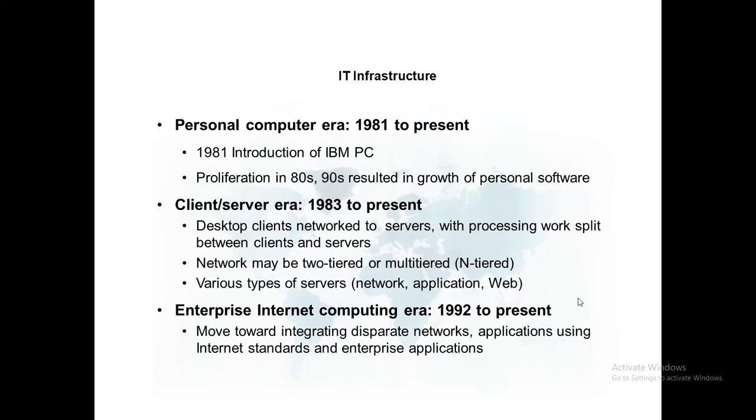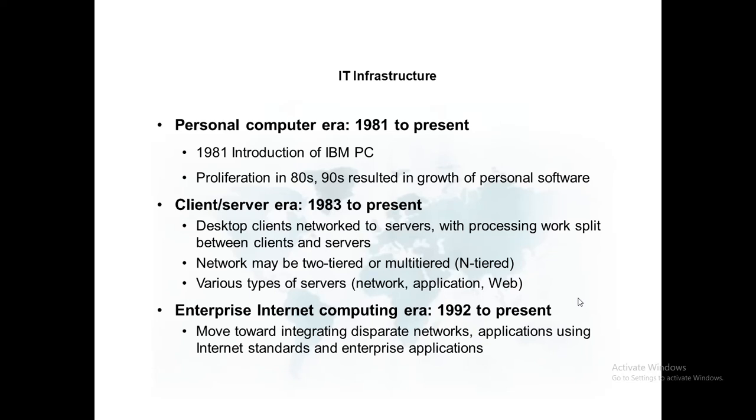They have processing work split between the client and the servers. Unlike the personal computer era where each personal computer had to do the work on its own, in this case we have servers on the network, then we have client computers, the personal computers. So the personal computers have some processing power as well as the server computers.